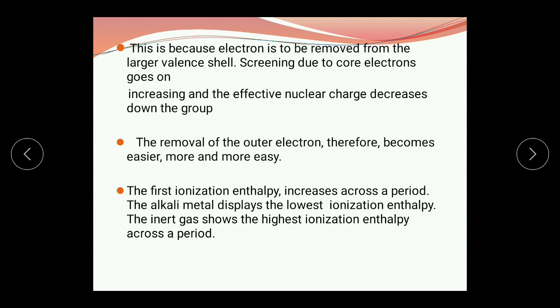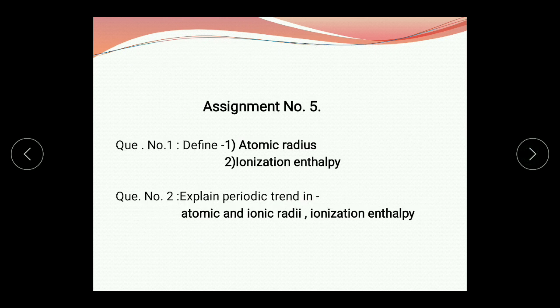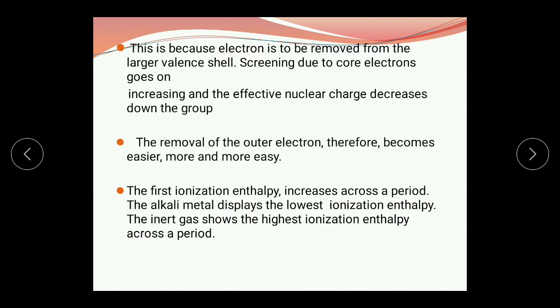The first ionization enthalpy increases across a period. That is the trend for ionization enthalpy across a period. Why? Because as we move across a period, effective nuclear charge increases, and the number of core electrons remains the same, because across a period a shell is complete and the electrons are added in the same shell.